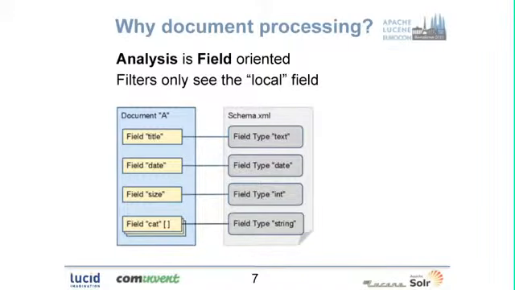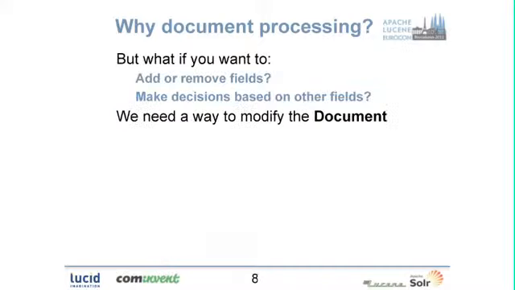There has been some attempt to extend this concept and to have a field modify other fields. But the way it is right now, if you have a title defined by the field type text, for instance, you can only do things within your title. You cannot start messing around with the document. So if you want to add or remove fields, or you want to make decisions based on the content of fields X and Y, and then write field Z, then we need to modify the document.